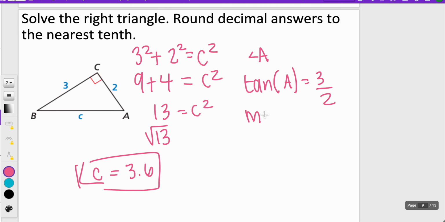So to find the measurement of angle A, I'm going to find the inverse tangent of 3 over 2, which is 1.5. Okay, so I'll take that 1.5, shift tangent, and I'm going to get about 56.3.